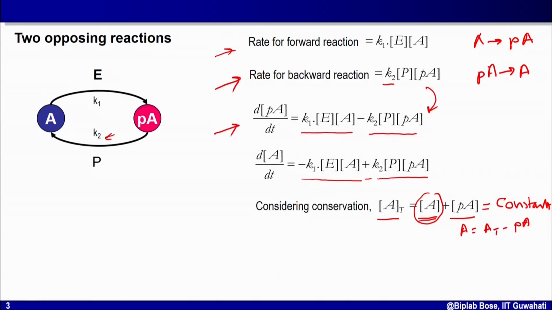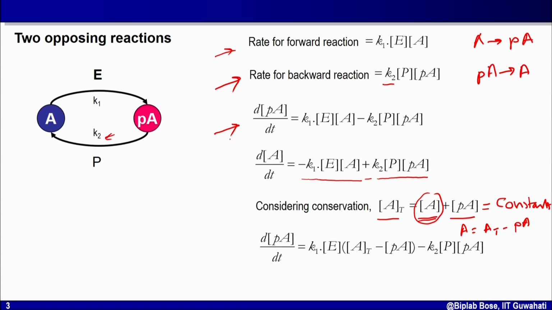So if I do that, what do I get? In this initial equation that we have written, let me make it a bit clear. If I take this ODE dPA/dt, I have an A term here.